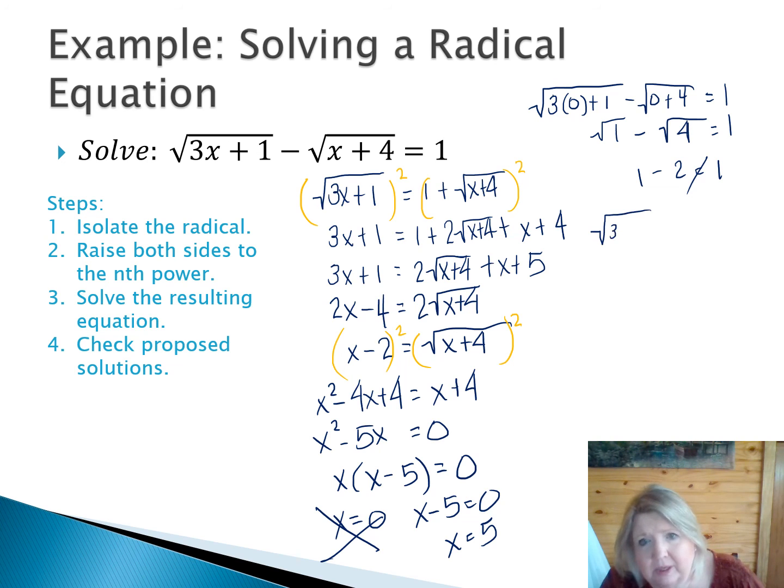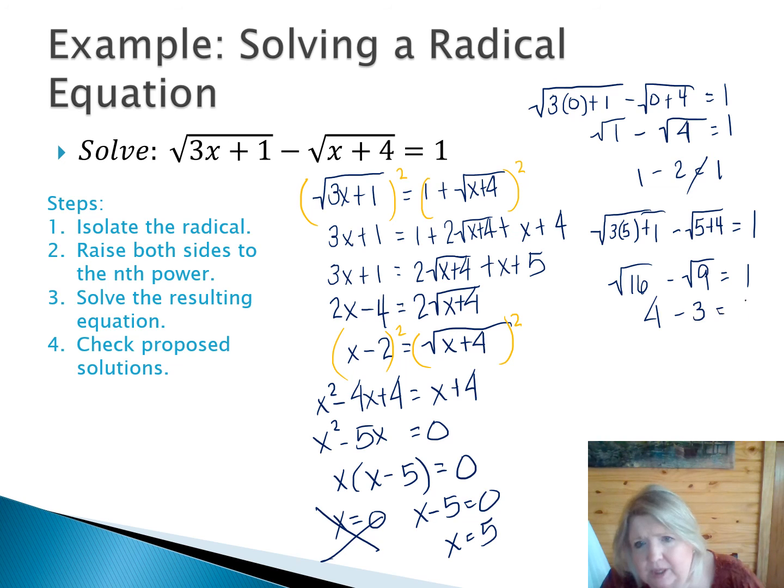It's going to be 3 times 5 plus 1 minus 5 plus 4 equals 1. So this is square root of 16 minus square root of 9 equals 1. This is 4 minus 3 equals 1. He checks. So my solution is 5.